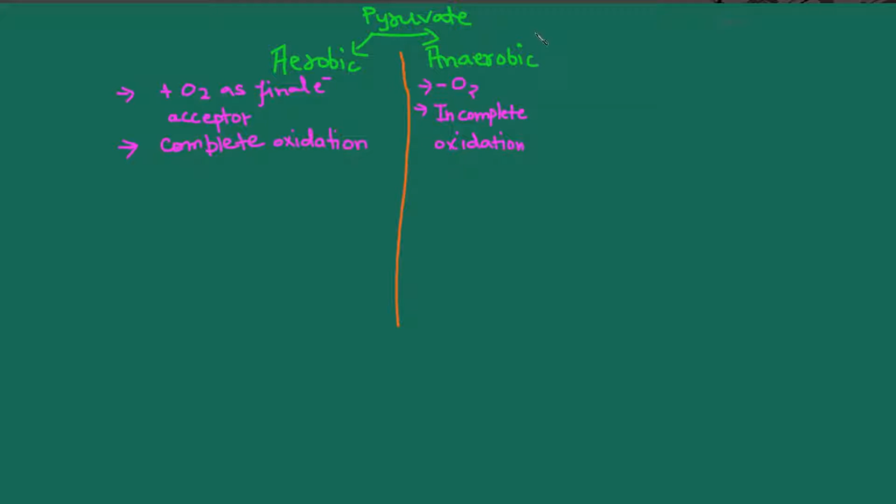In the anaerobic type of respiration, there can be two cases. There can be two electron acceptors. What are those two electron acceptors?